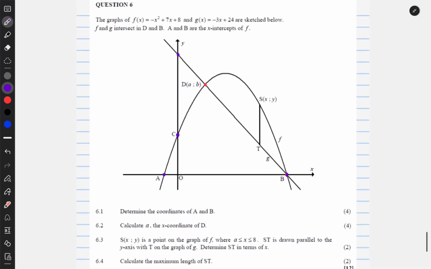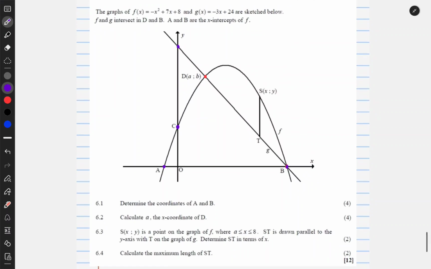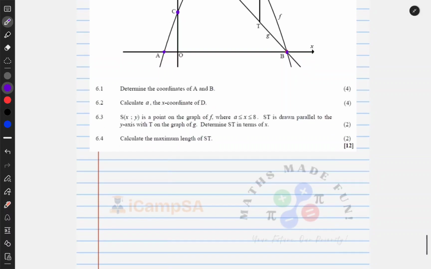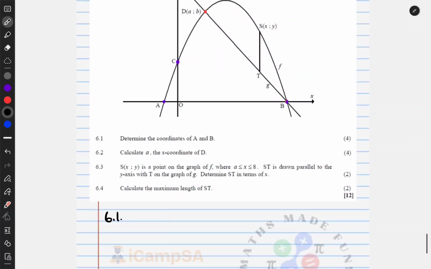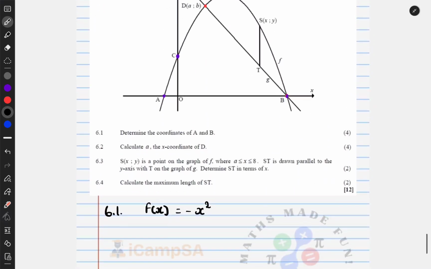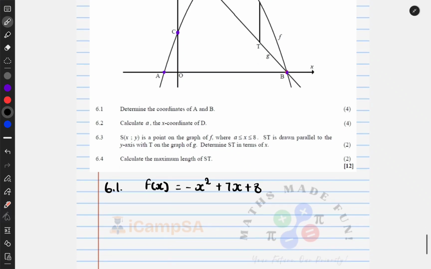So in order to determine the x-intercept, we must set the graph of f equal to 0. For 6.1 we have f(x) is equal to minus x squared plus 7x plus 8, and for the x-intercept, y is equal to 0.